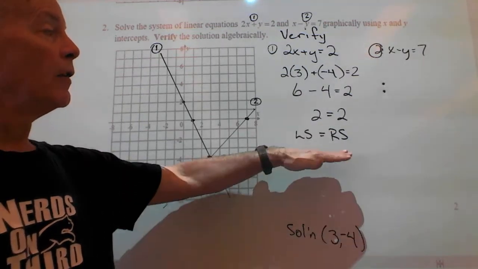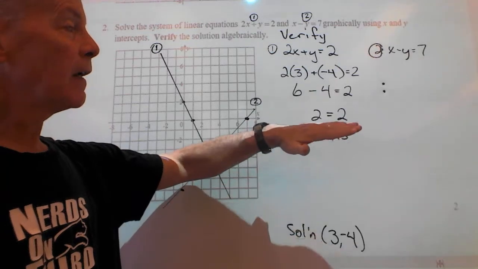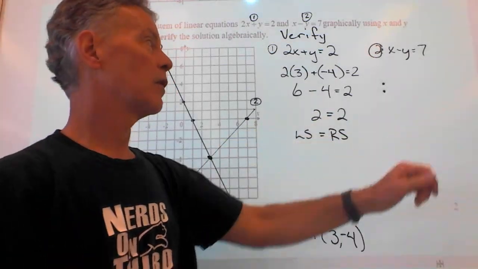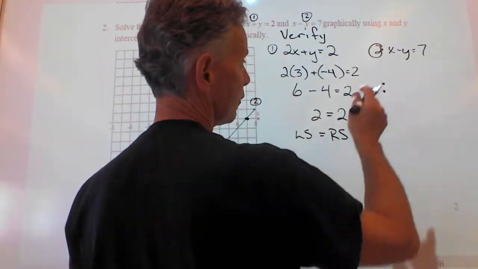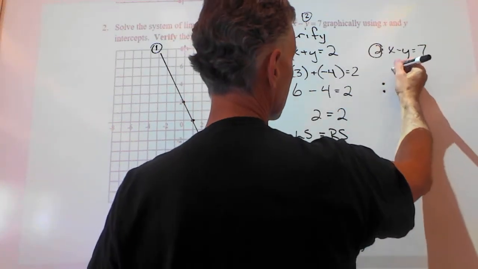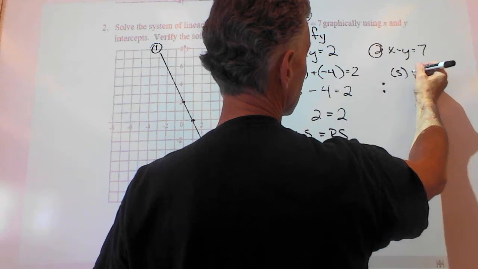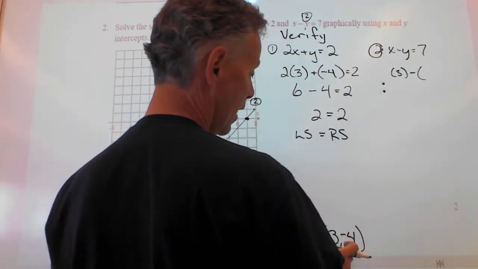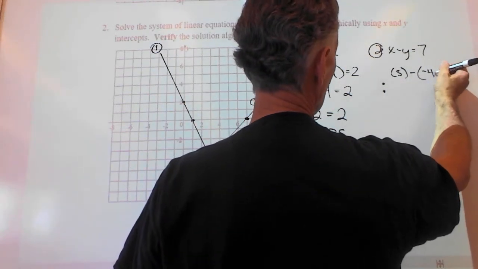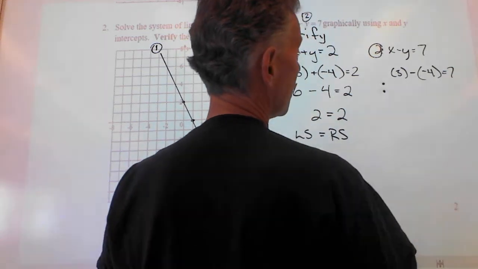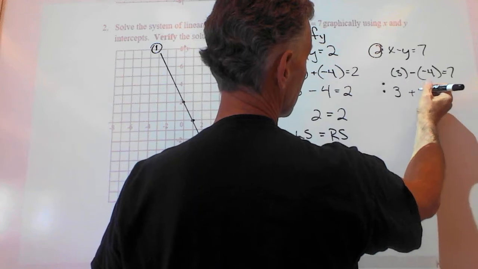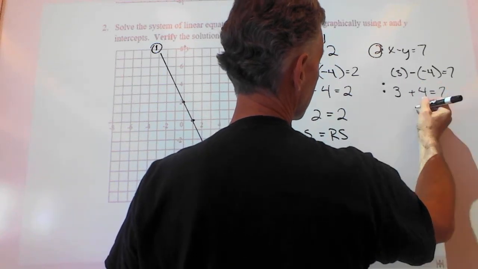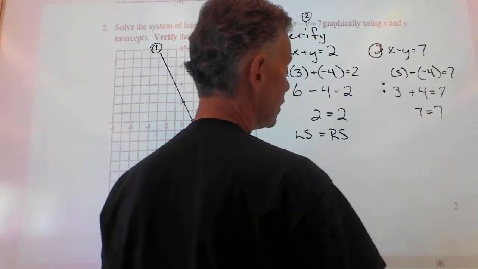But when you verify, you have to verify that both equations work. So we're going to have to do the same thing that we did here over here. So we sub in our value for x, which is 3, and our value for y, which is -4. And what do we get? 3 minus negative, which is the same as saying plus, 4 equals 7, 7 equals 7.